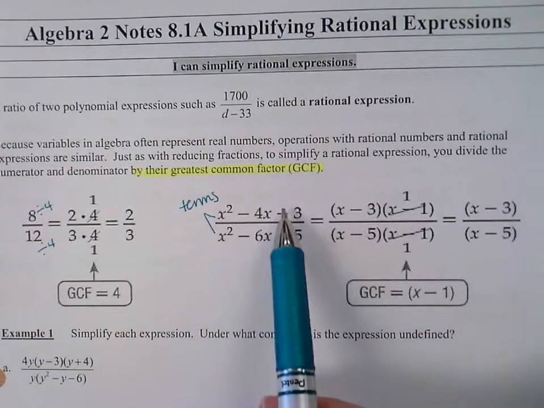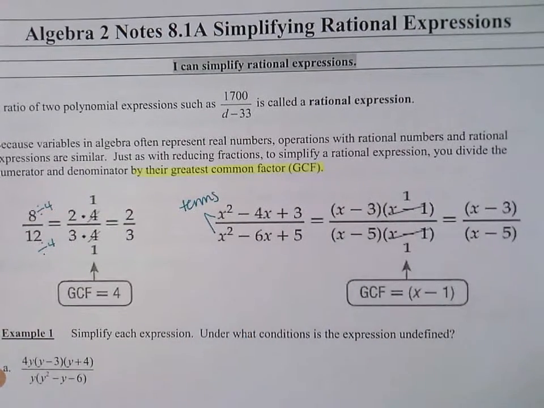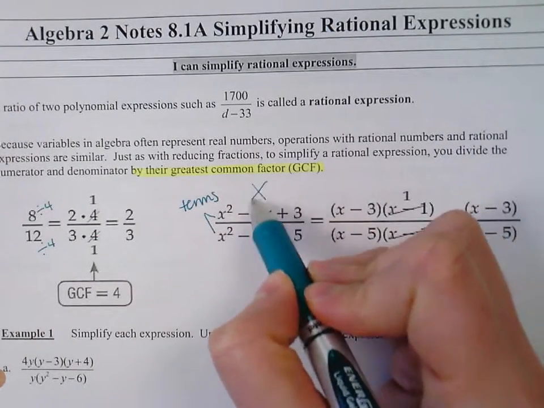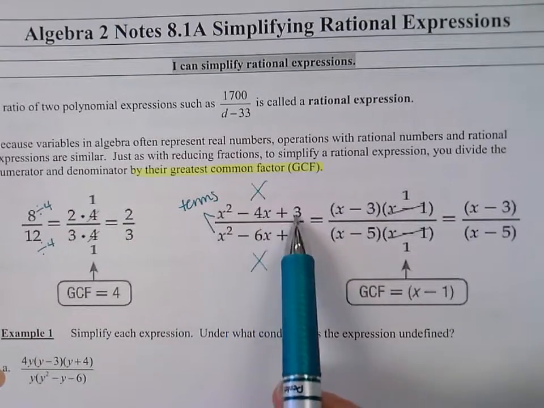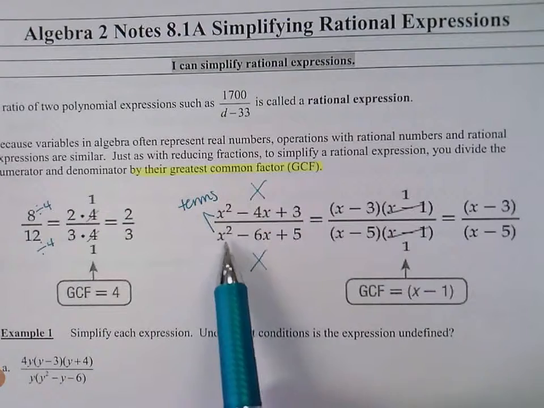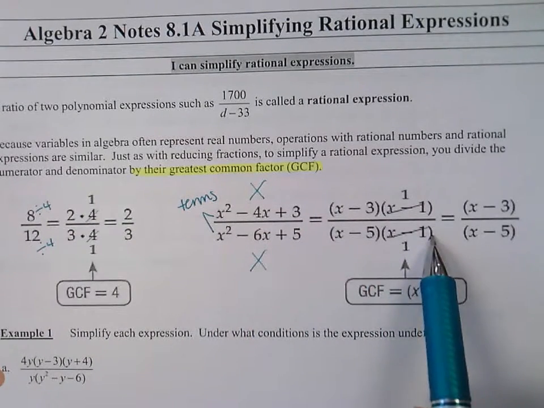What you have to do is factor these trinomials. So we go back to what we reviewed in chapter 4, factoring, and that would be factoring using the diamond. X squared minus 4x plus 3 factors to x minus 3 and x minus 1, and then the bottom polynomial factors to x minus 5 times x minus 1.